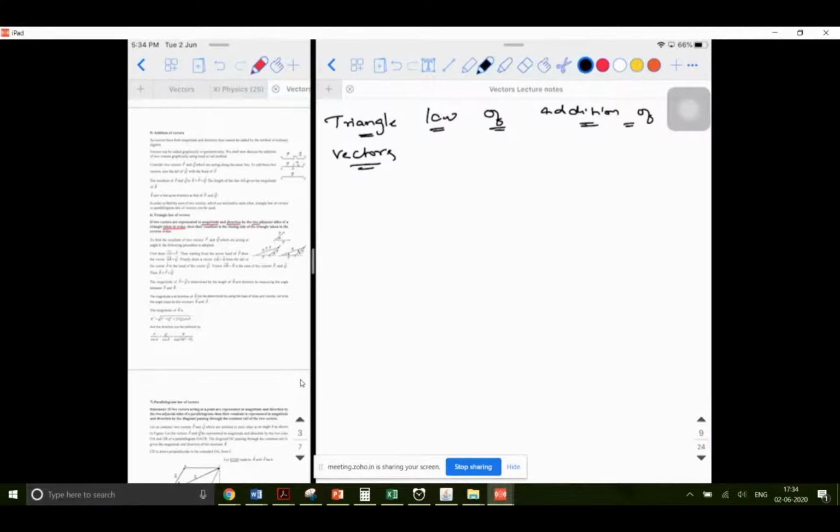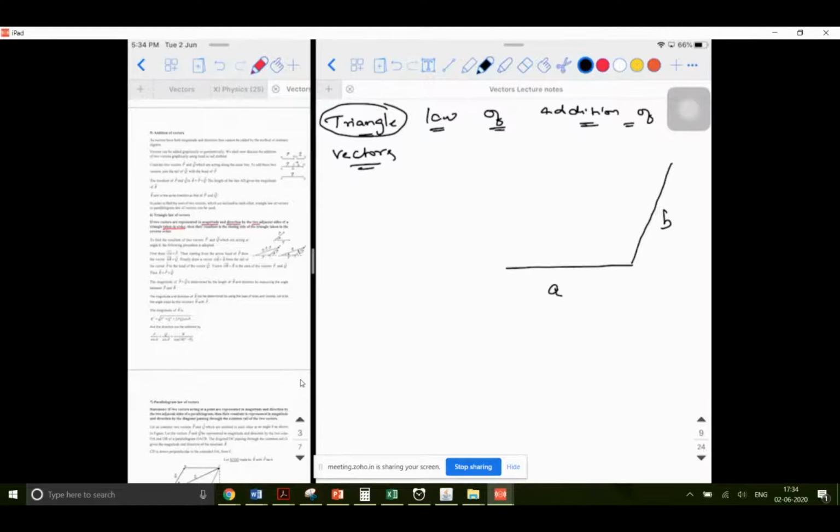In order, how are they supposed to be taken? They are supposed to be considered as the sides of a triangle, because the name itself says triangle of vectors or triangle of addition of vectors. So if two vectors are taken like this, A and B, then the resultant is given by the closing side of the triangle taken in the reverse order.